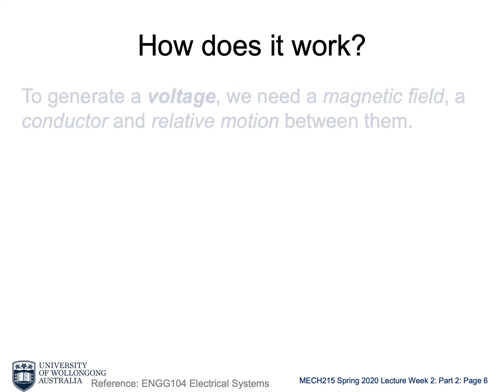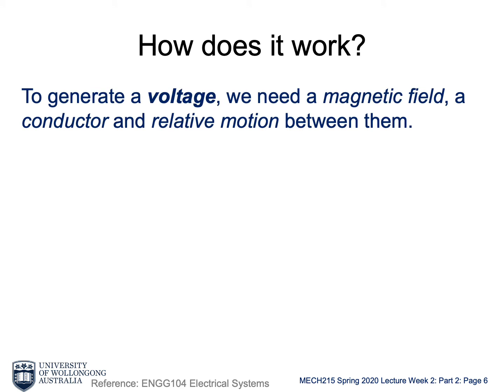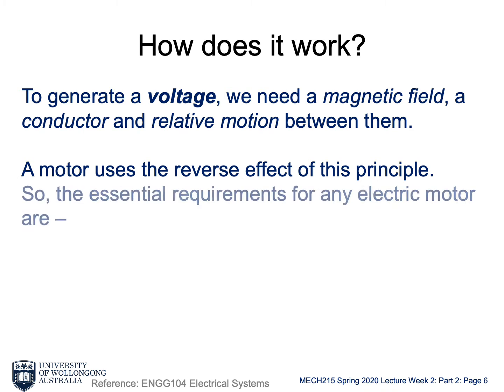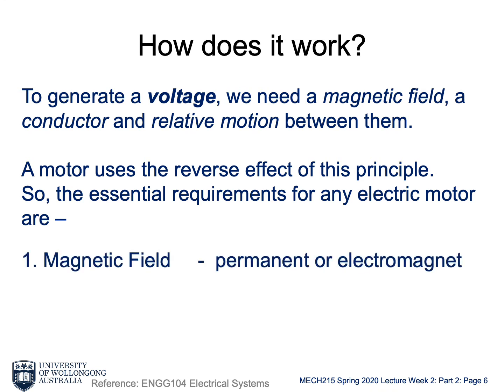How does it work? To generate voltage, we need a magnetic field, a conductor, and a relative motion between them. This is how a generator works. Actually, a motor uses the same effect, but in reverse order. So essentially, to generate motion from an electrical motor, we need 3 things. Firstly is a magnetic field.